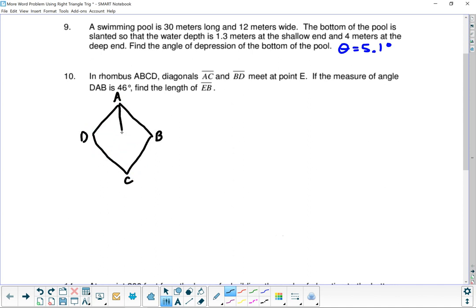AC, this diagonal, and BD meet at point E. The measure of the angle DAB, so let's see, DAB is 46. So this whole thing is 46, which means because it's a rhombus and it's a parallelogram, that each of these angles are 23.